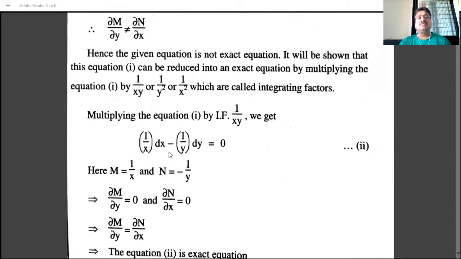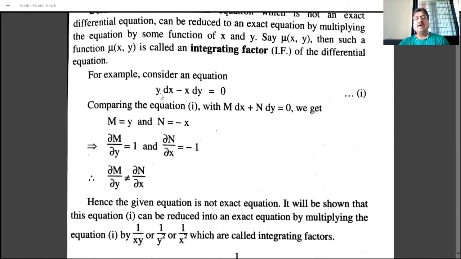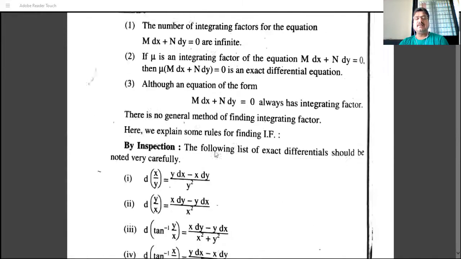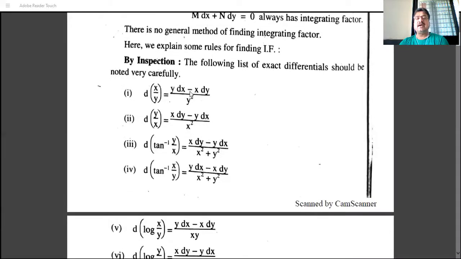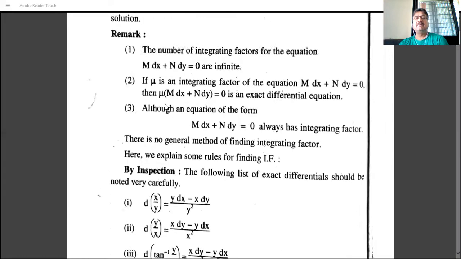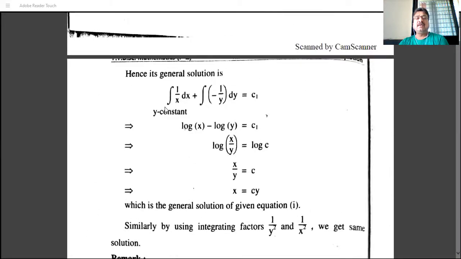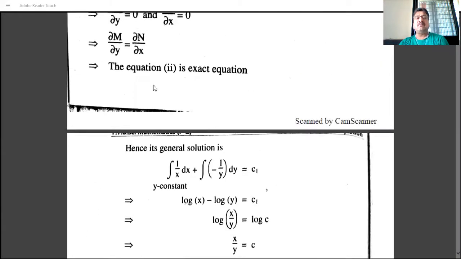And what is the solution of this differential equation now? (y dx minus x dy) divided by y², and we use this trick: (y dx minus x dy)/y² is the derivative of x/y.